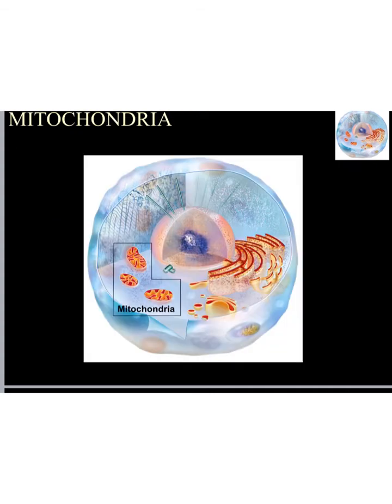All right, so now I want to talk about a specialized organelle. This is not necessarily part of the endomembrane system. But before I do that, I want to refresh your memory on the endomembrane system real quick. So remember, we started in the nucleus right here. That was kind of step one. We made it out then to the ribosomes, either the free ribosomes or the ones on the rough ER.